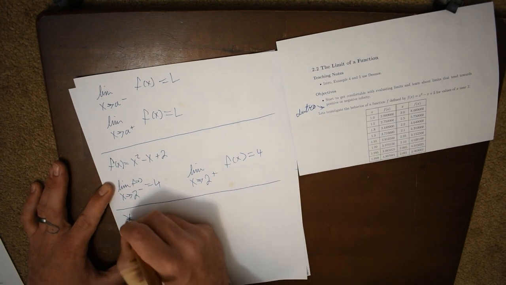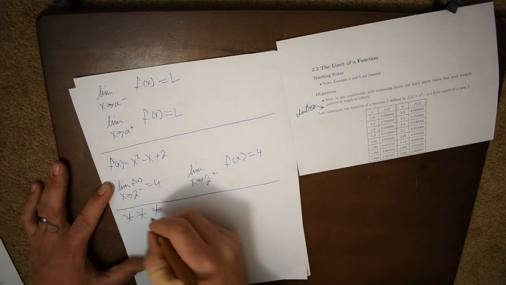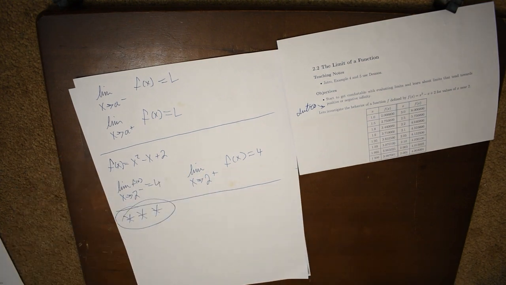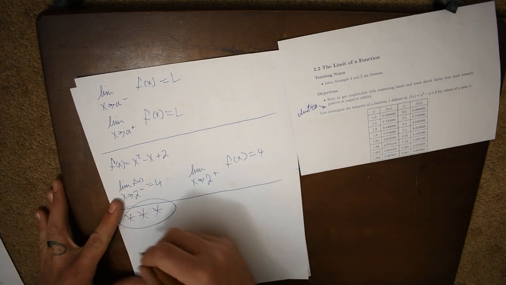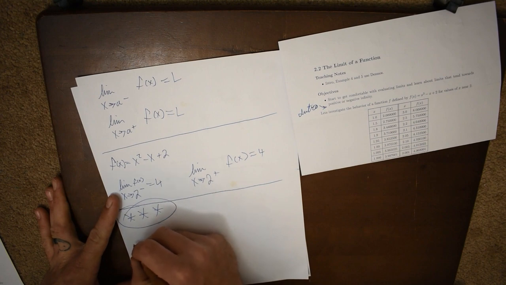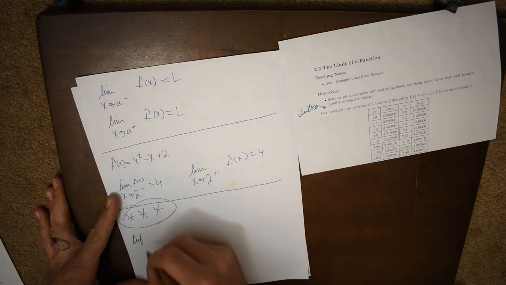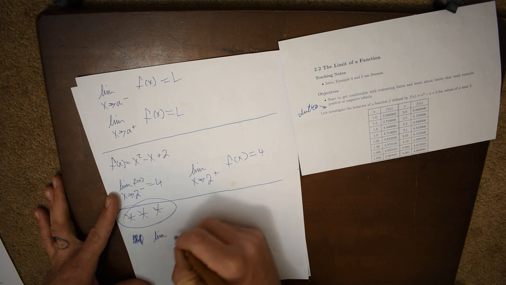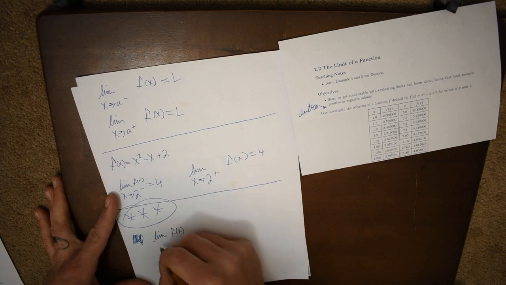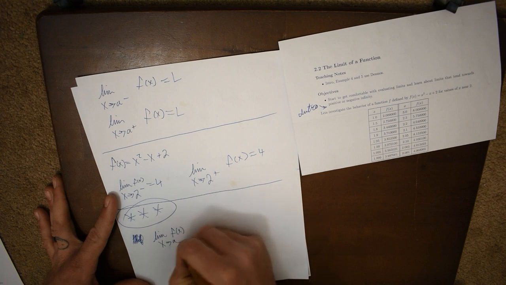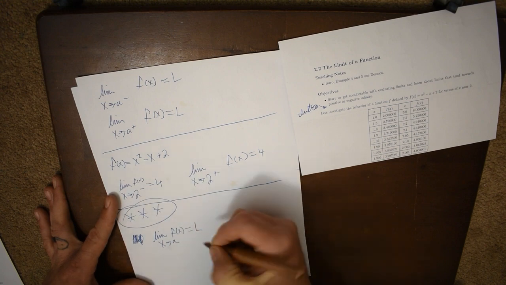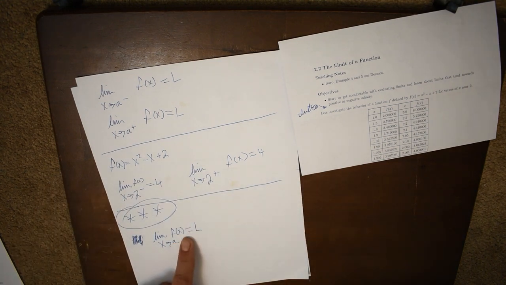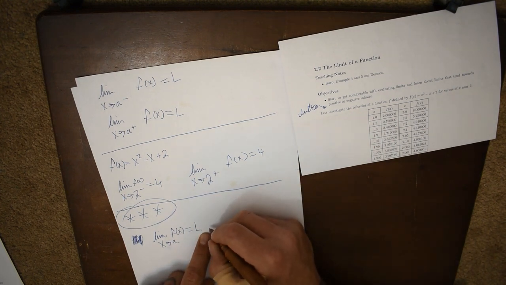This is a big takeaway from this lecture I want you guys to get. That the limit of some function as x approaches a is equal to L if and only if.